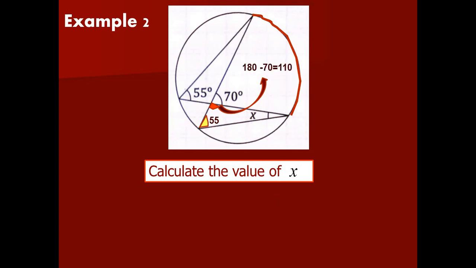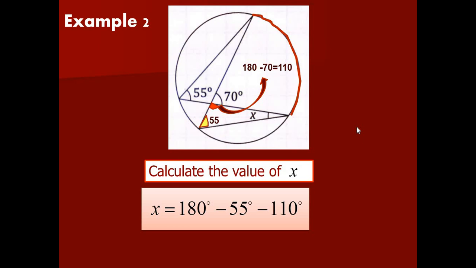Therefore, you have to find angle 180 minus 70, so you get the value of this angle, because this is one straight line. If here is 110, here is 55, can you find out what is your x? So your x is equal to 15 degrees.